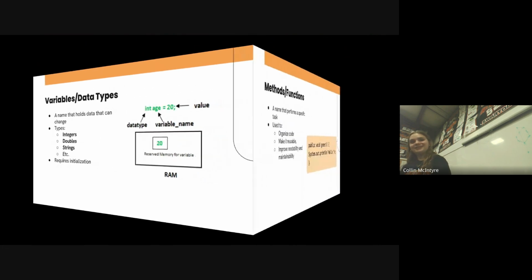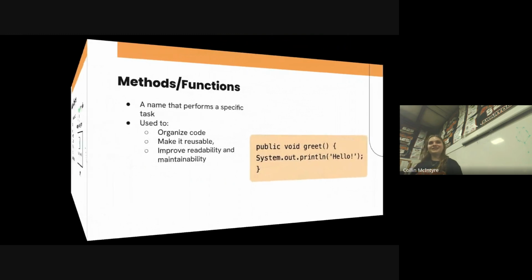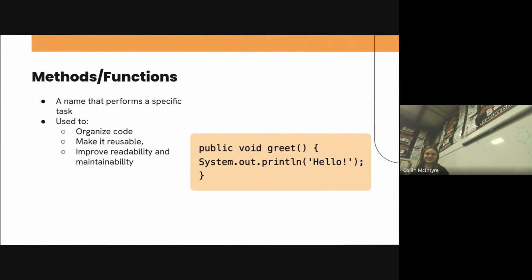Okay. So next thing is methods or functions. So you probably heard of them called functions in your classes before, but methods is just another name for them. So basically, it assigns a functionality to a certain name in memory, and it really helps you organize your code and make sure that you can reuse code so you don't have to type out the exact same thing over and over again.